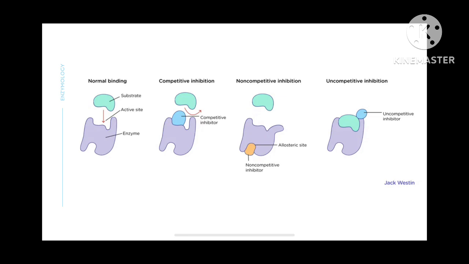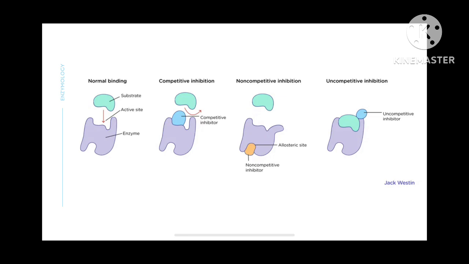The solution for competitive inhibition is to increase substrate concentration so that the inhibition will be reversible. For non-competitive inhibition, class, the inhibitor will bind to the enzyme other than its active site. So probably it's an allosteric or regulatory site. And in doing so, the active site of the enzyme would no longer be the same because it was already altered.